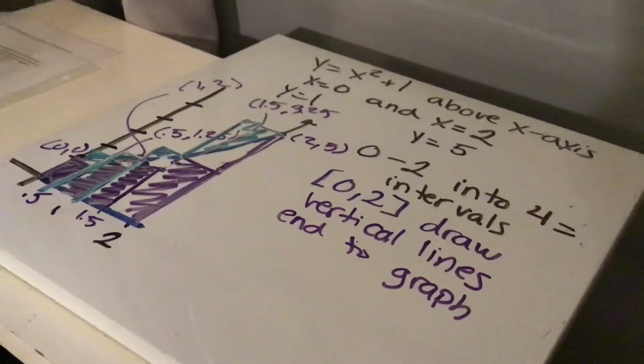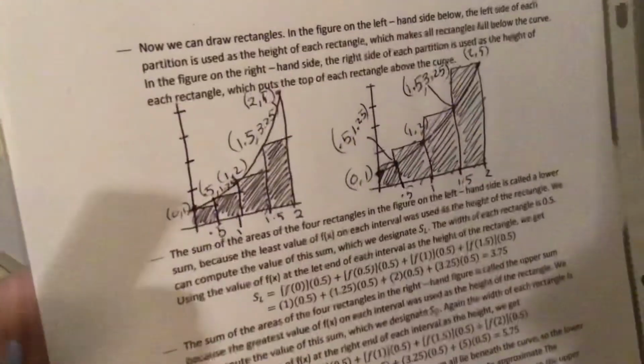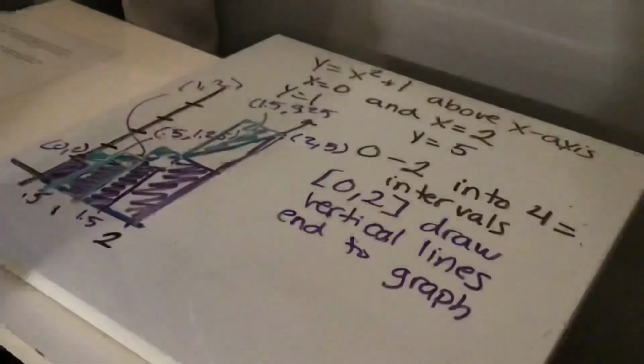Okay? So if we then look at it, we can see that the sum of the areas of the 4 rectangles that we first drew on the left, so if you look at your notes now, it's a little clearer here. Okay, so we look at the sum of the areas of these four rectangles.